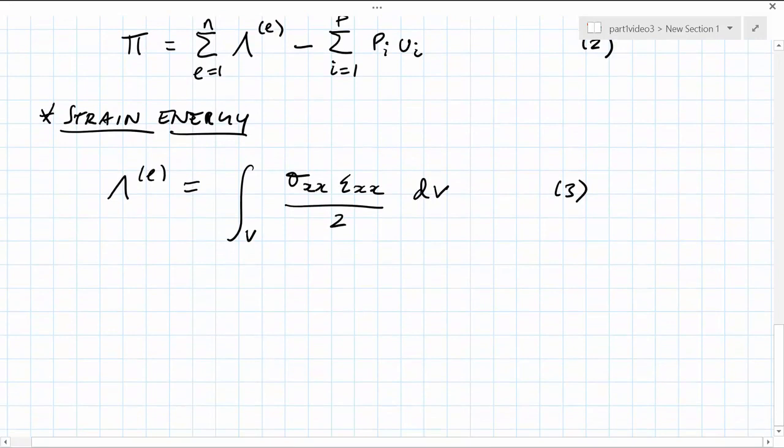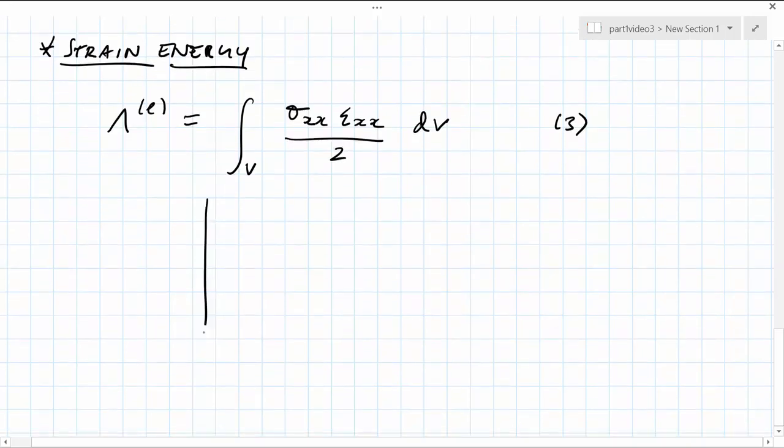The elastic strain energy for an axial element can be visualized as the area under the stress-strain curve. We can draw this, where in this case we've got strain as our x-axis and stress as our y-axis.